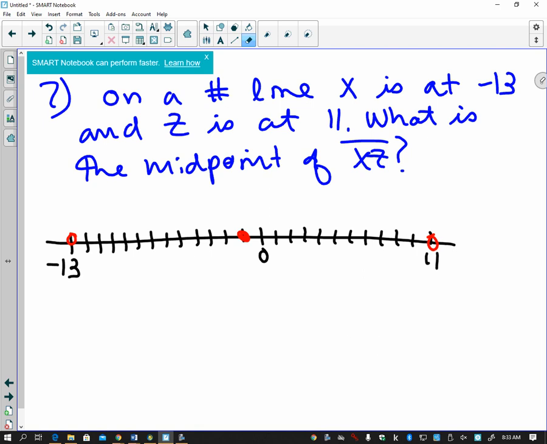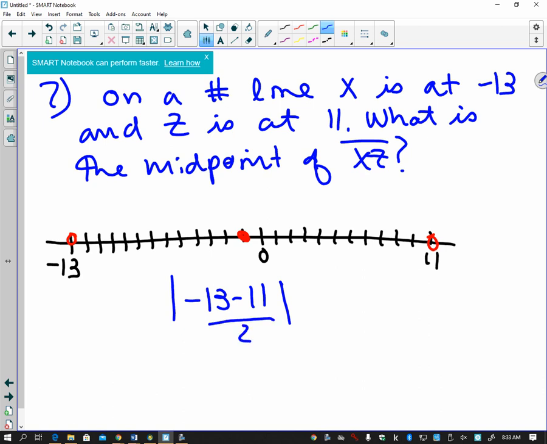No, I don't. Technically, it's the absolute value of negative 13 minus 11, 24 divided by 2. It's giving us an absolute value distance of 12. But then I have to either add that to negative 13 or subtract that from 11 to find out what that location is going to be.